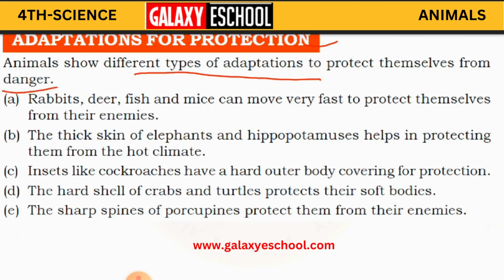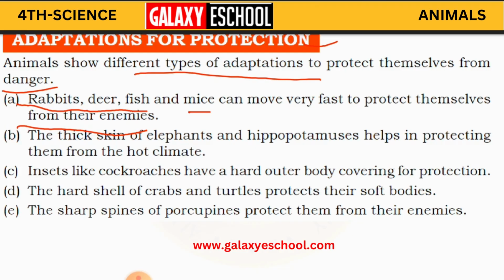Rabbits, deer, fish and mice can move very fast to protect themselves from their enemies. See children, rabbits, deer, fish and mice can run very fast, move very fast. Whereas if I say fish, I cannot say it can run very fast, it can swim very fast.